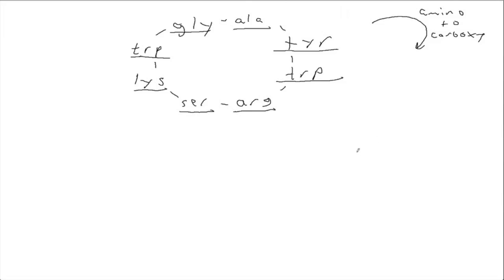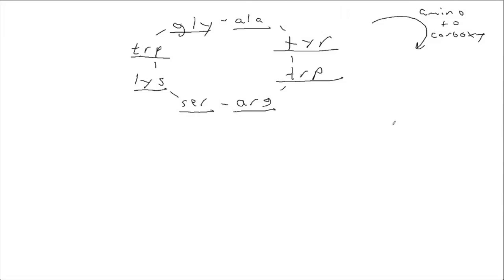If you have a linear peptide, we know we put the amino terminus on the left, so the amino to carboxy direction is left to right. But terms like left and right don't really apply to a circle. So for a circle, you have to specify. I'll just keep specifying clockwise as the amino to carboxy direction.